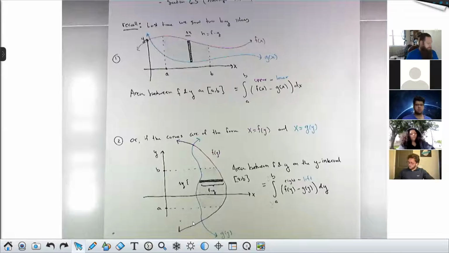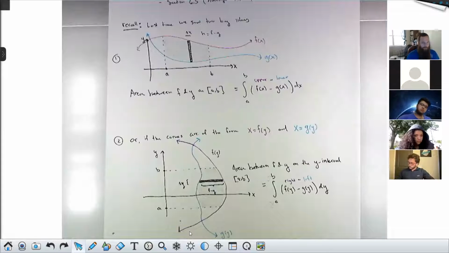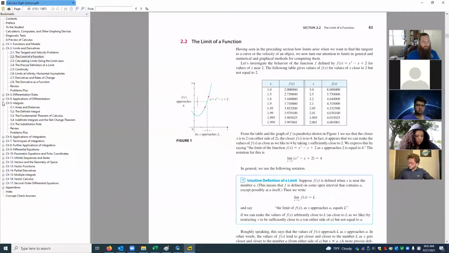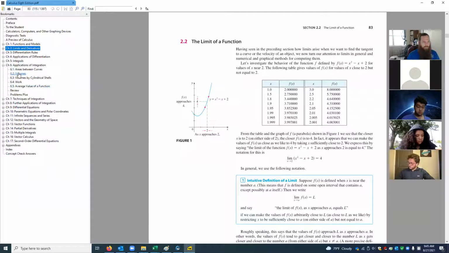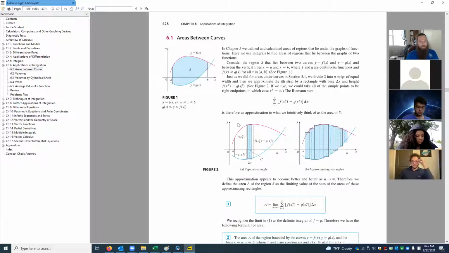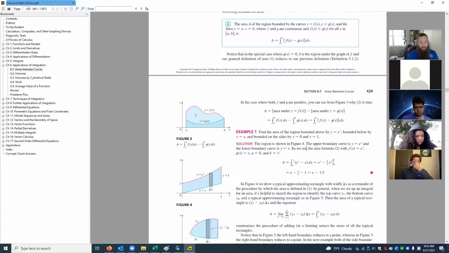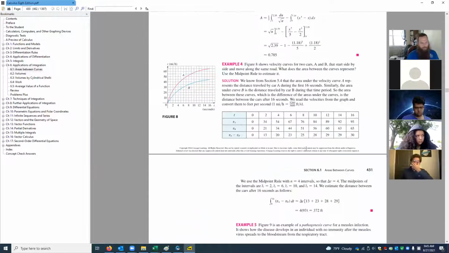Okay, so let's look at one or two more examples. Let me pull up something from the textbook. This is all that we have seen, and easy examples like that are easy.